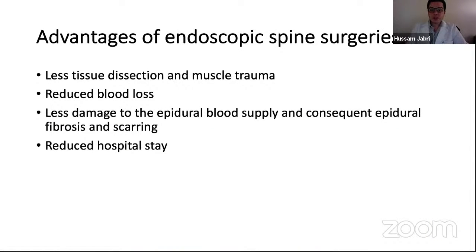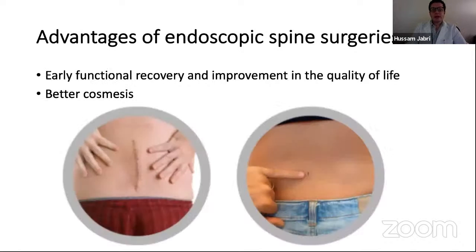What are the advantages of endoscopic spine surgery? It has less tissue dissection and muscle trauma, hence reduced blood loss, less damage to the epidural blood supply, and consequent epidural fibrosis and scarring, which eventually lead to reduced hospital stay, early functional recovery, improvement in the quality of life, and better cosmesis.